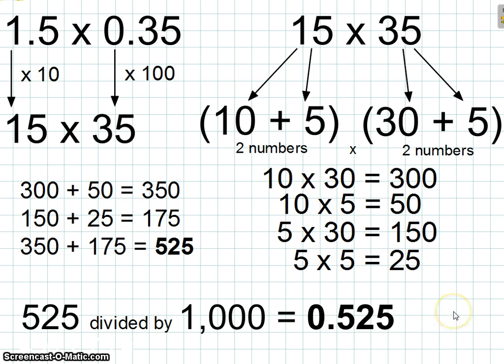I think some parts in this video I went a little bit quick, but the great thing about videos is that we can stop them and go back and watch them again, listen to what was said again. So please, if you need to do that, please do that. I hope especially this part over here, where I didn't use the vertical form, is clear to some students at least.